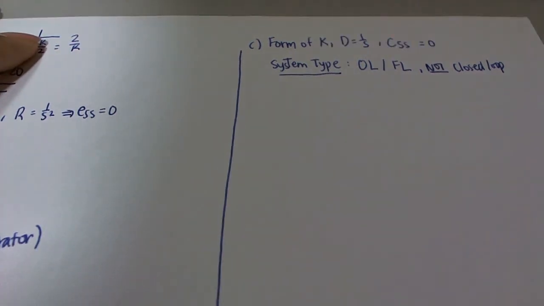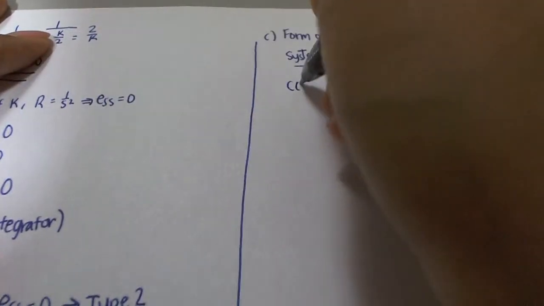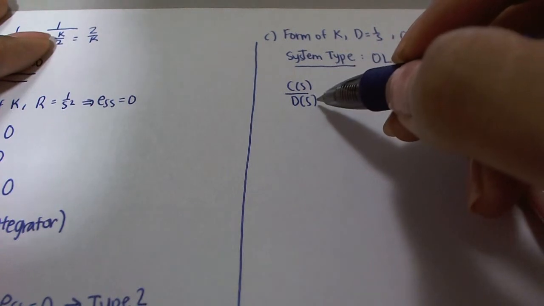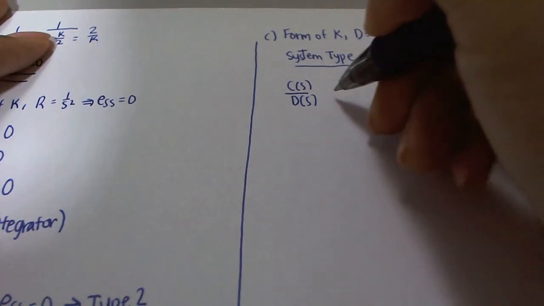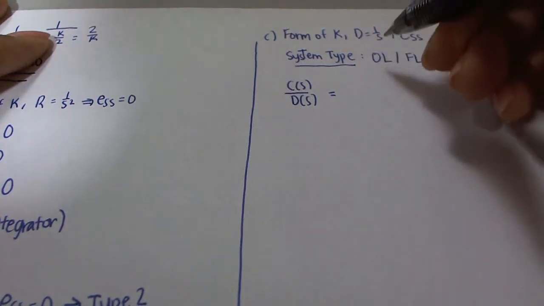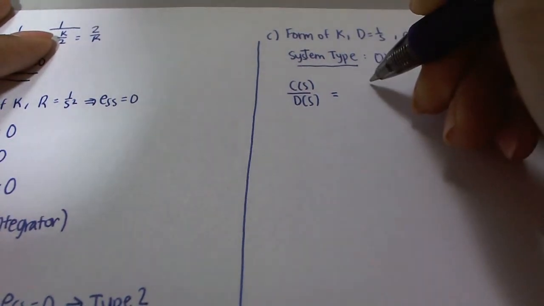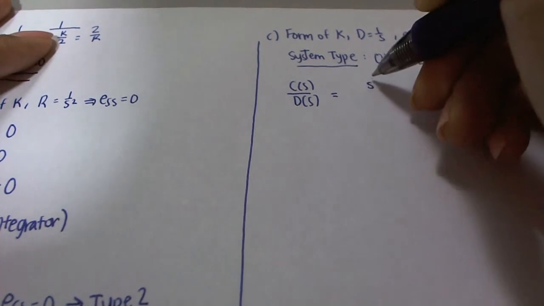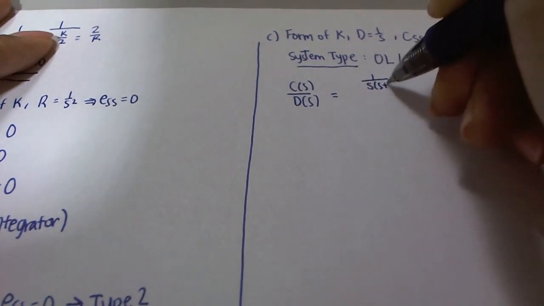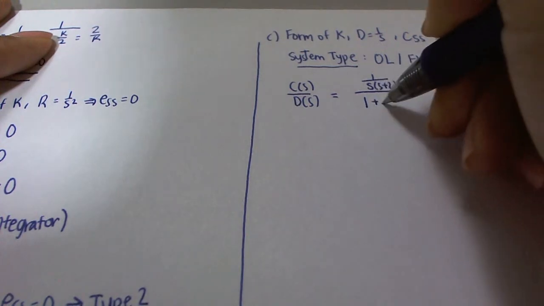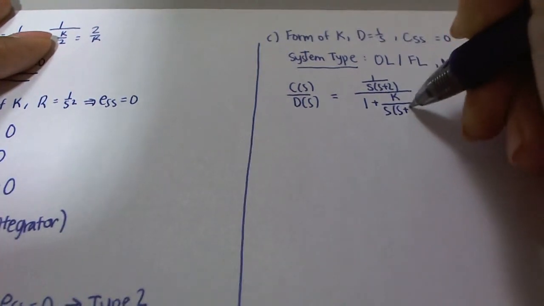And we can find the closed loop transfer function from the disturbance input to the output, which is equal to 1 over s multiplied by s plus 2 over 1 plus K over s multiplied by s plus 2.